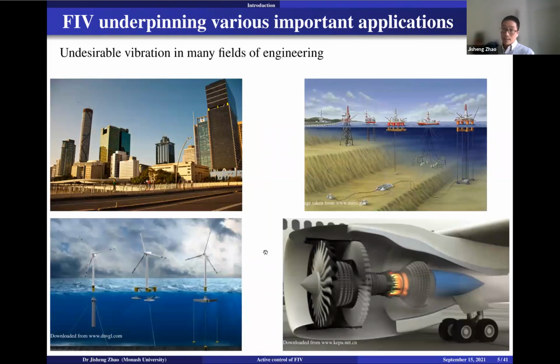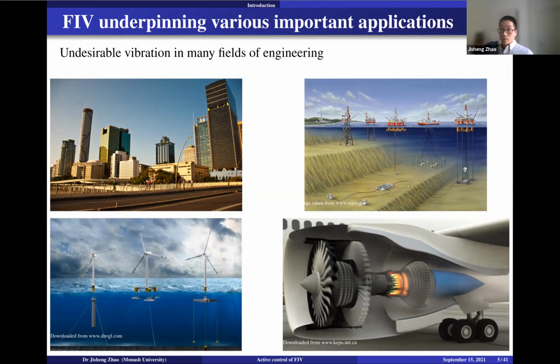More broadly, you can see applications of FIV in different fields of engineering. Say civil engineering, we have high-rise buildings, bridges, things like that. This is in Brisbane, so you can see this is like a circular cylinder, and this is like a rectangular cylinder. More commonly, you can see it in offshore engineering structures, like oil risers, basically circular pipes pumping the raw oil product from the sea bottom to the platform, the oil rigs.